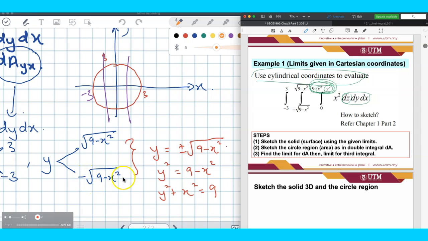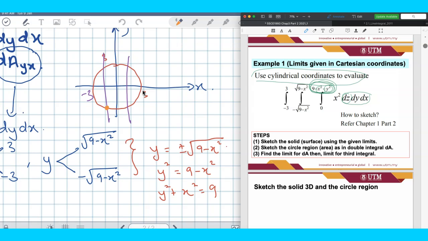So negative square root is referring to the semicircle for y negative. So the curve of y negative is down here. So for the first line, that is the lower bound, and similarly you can refer to this line also, that is the lower bound.